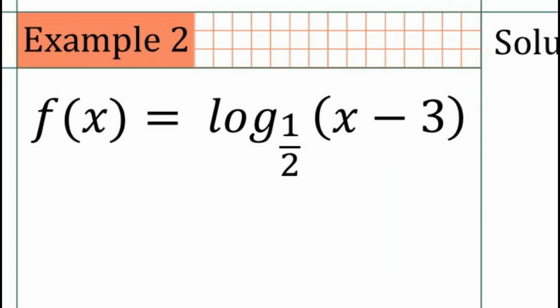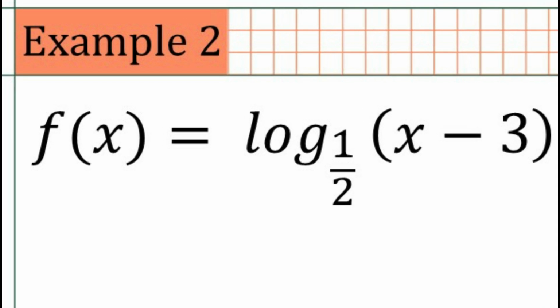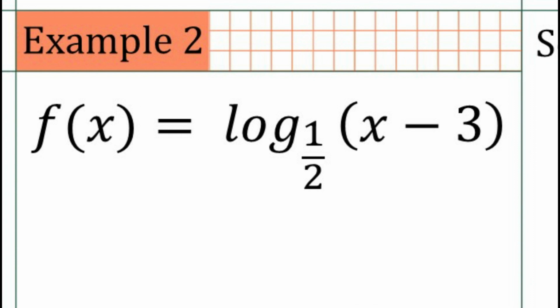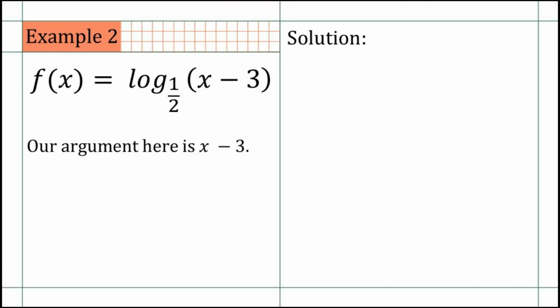Another example, f of x equals the logarithm of the quantity x minus 3 to the base 1/2. Our argument here is x minus 3. So, we will equate x minus 3 to 0.